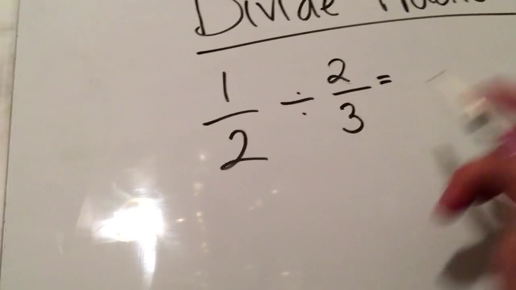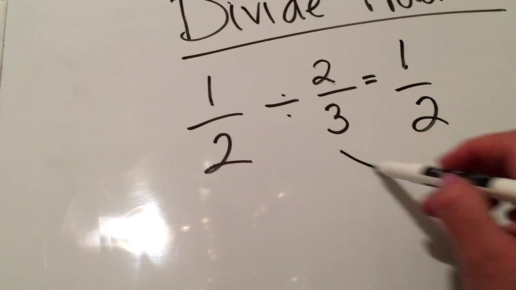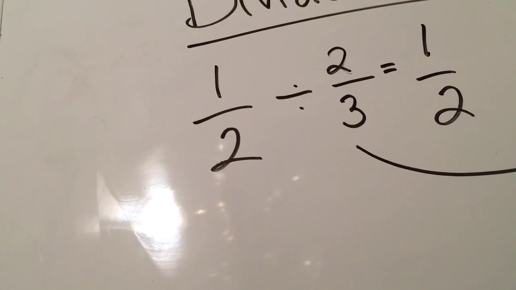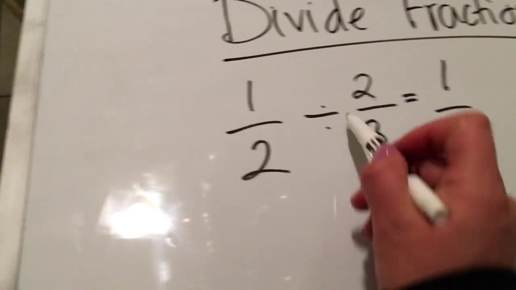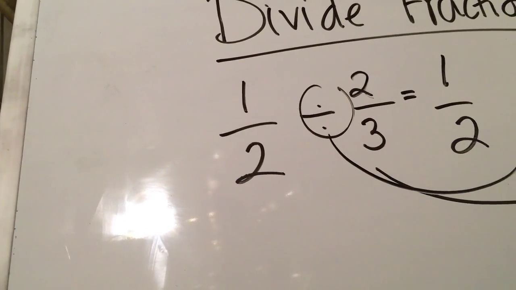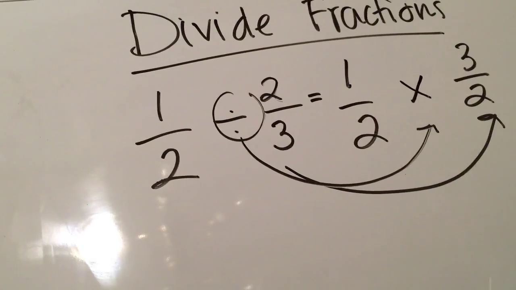We will multiply 1/2 by the reciprocal of this fraction, which would be 3/2. And when I flip the fraction, this sign will change as well. So the division sign will become a multiplication sign.